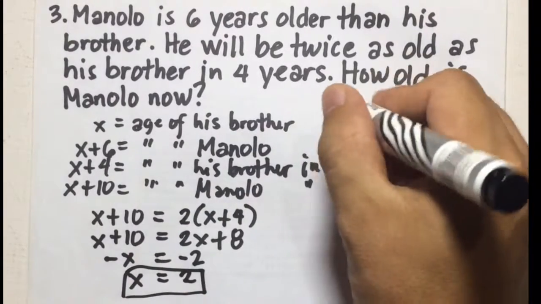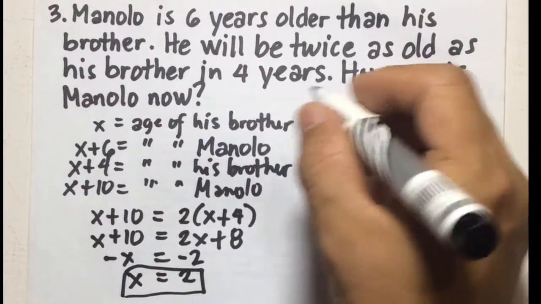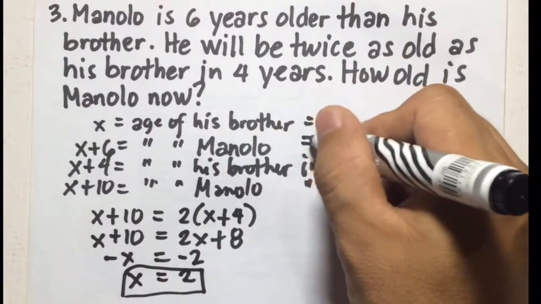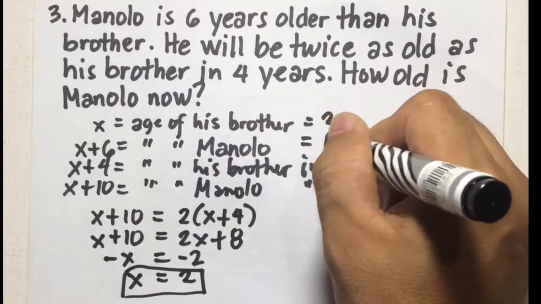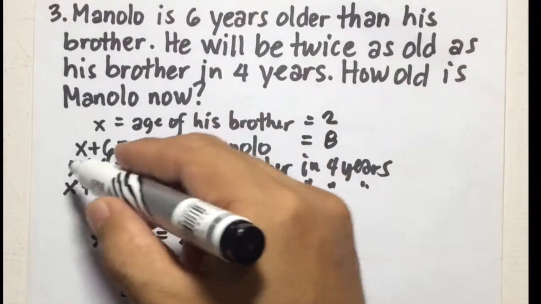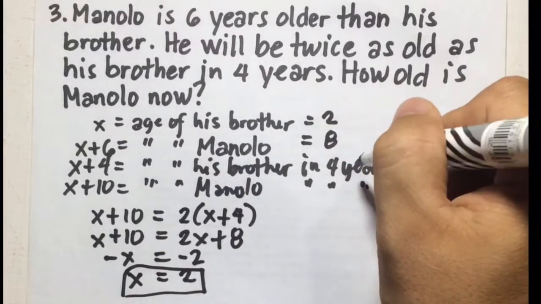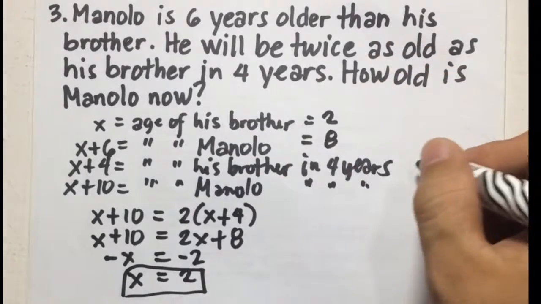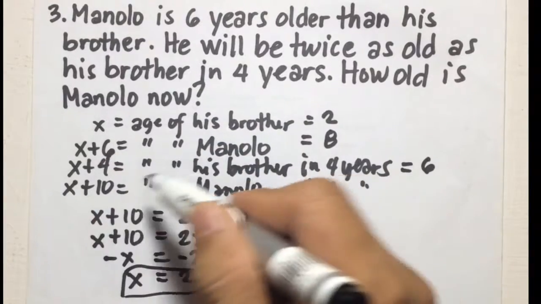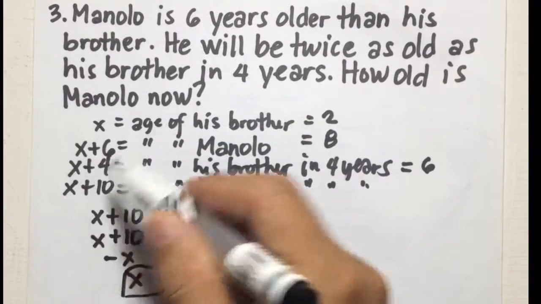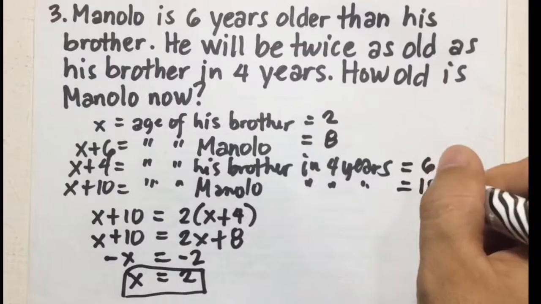So the age of his brother here will be 2. Then the age of Manolo will be 2 plus 6, that is 8. Then X plus 4, his brother's age in 4 years, so 2 plus 4, that will be 6. Then the age of Manolo will be 2 plus 10, that will be 12.